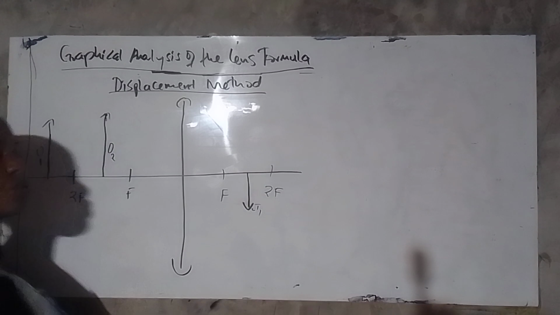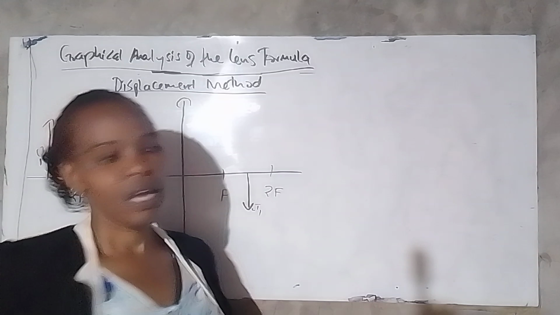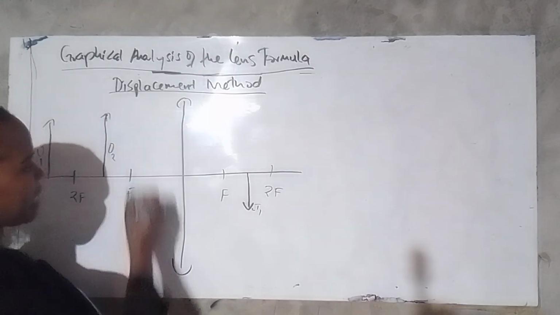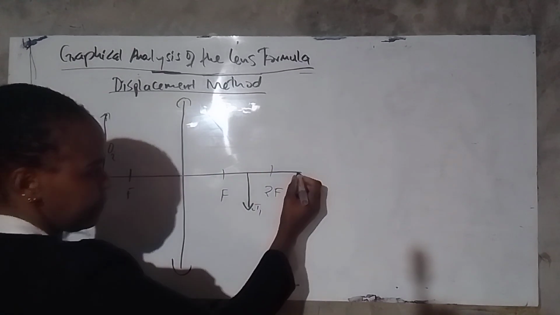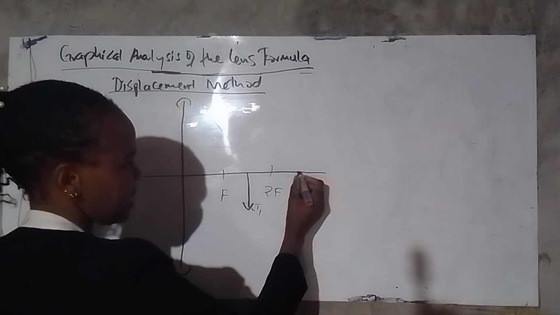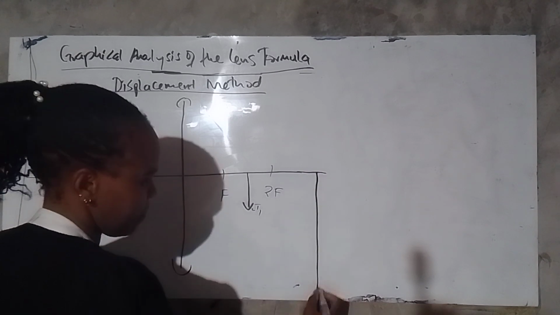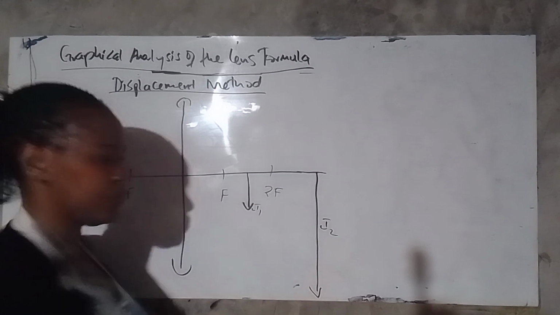Calling it object 2 does not mean I've changed the object. It's still the same object, but in 2 different positions. So if we do that, now the image this time will be behind C, and what will be the characteristics? It will be real, it will be inverted, but this time it will be magnified. Then we call that image 2.